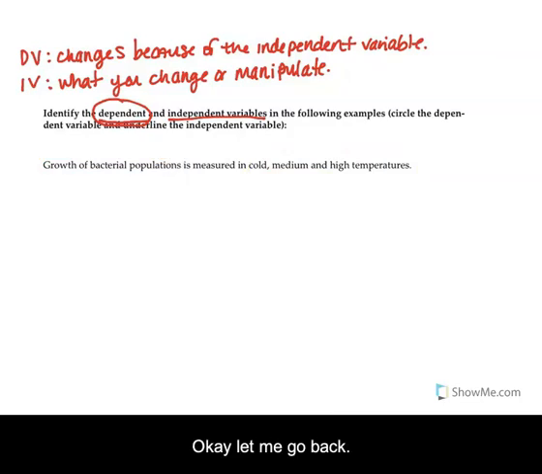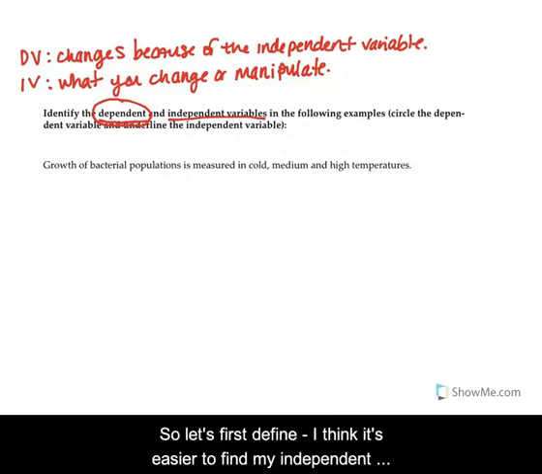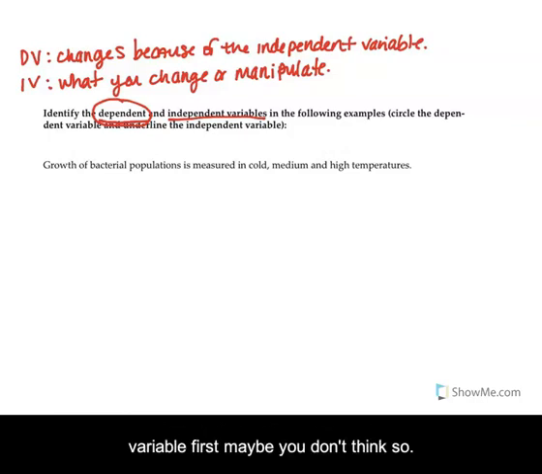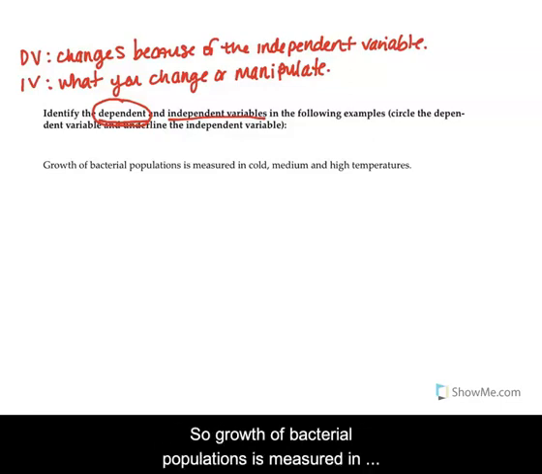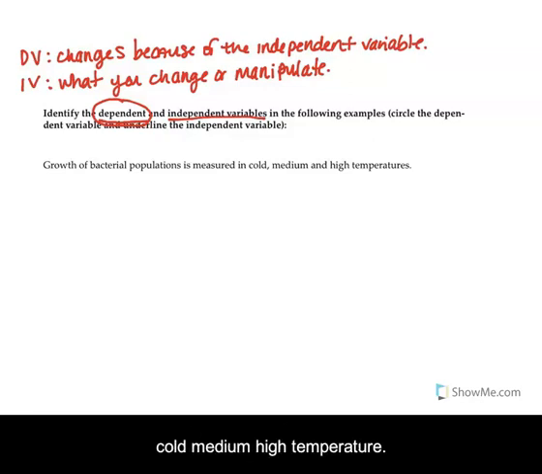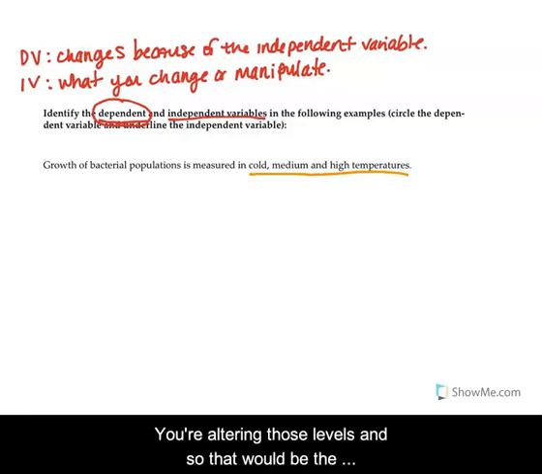Okay, let me go back. So let's first define, I think it's easier to define my independent variable first. Maybe you don't think so. I like to find out which one I'm actually manipulating first. So growth of bacterial populations is measured in cold, medium, high temperature. You are affecting the temperature because you are making it either cold, room, or high.